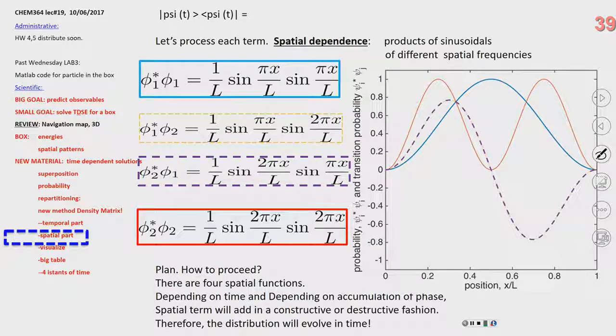So you just have products of sine function squared, so it will be this bluish line. Then if you have the excited state, you have this thing with one nodal point and 2 humps. And if you have this transition density, it will be negative. So the diagonal elements are always positive, eigenfunction squared, and the off-diagonal spatial part that contributes to dynamics can be negative.